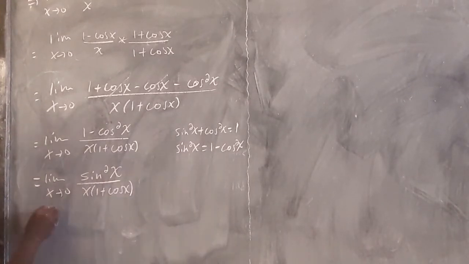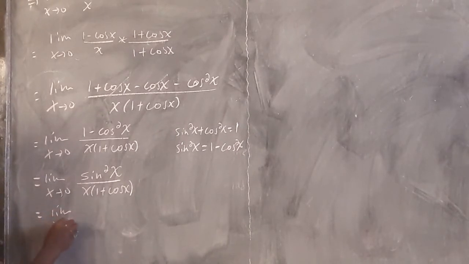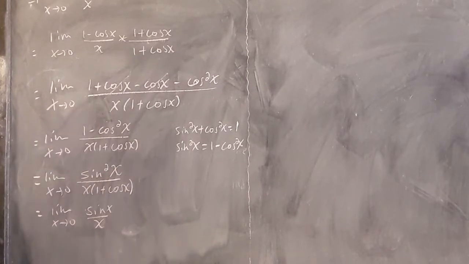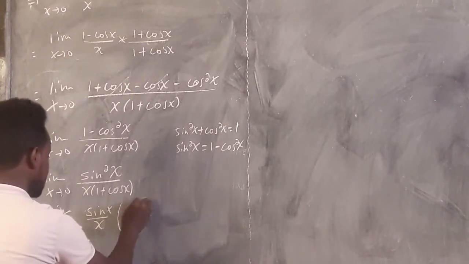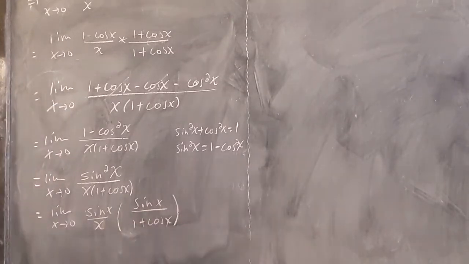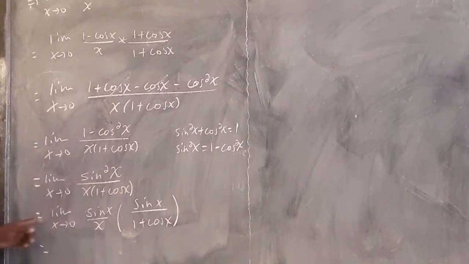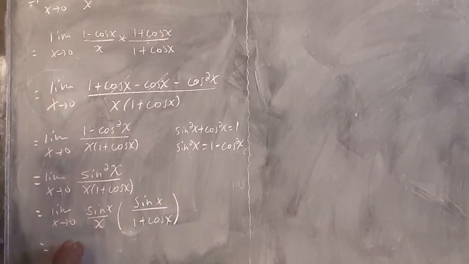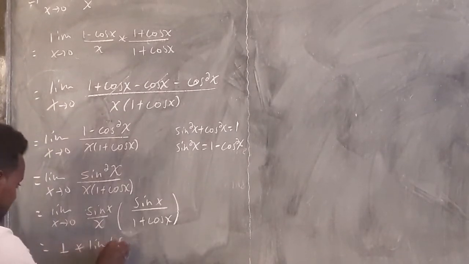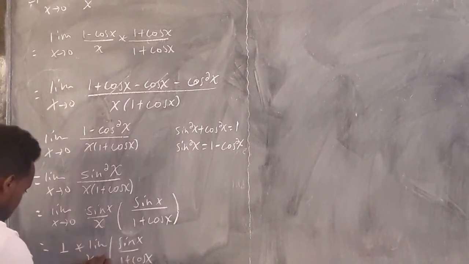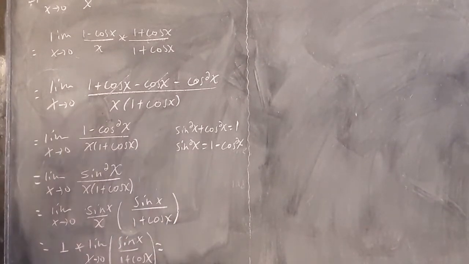Then this is the limit as x approaches 0 of sin x over x times sin x over 1 plus cos x. Remember that the limit of sin x over x as x approaches 0 is 1. So this is 1 times the limit of sin x over 1 plus cos x as x approaches 0.